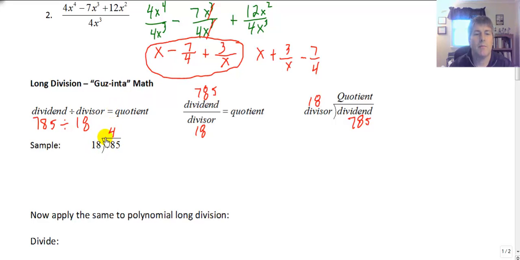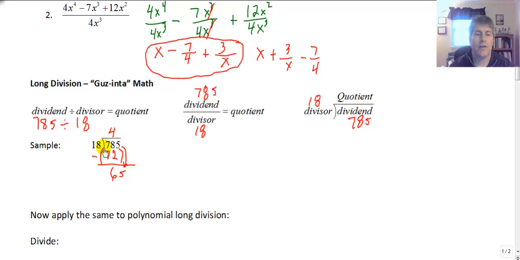What's 18 times 4? Well, we multiply back and get 72. And then what we do is we subtract that entire 72. And 78 minus 72 is 6. And then we bring down the 5.